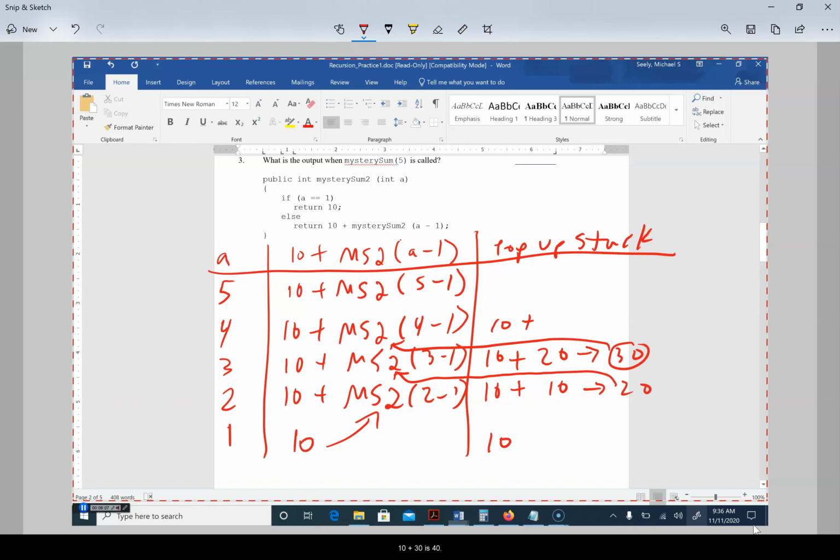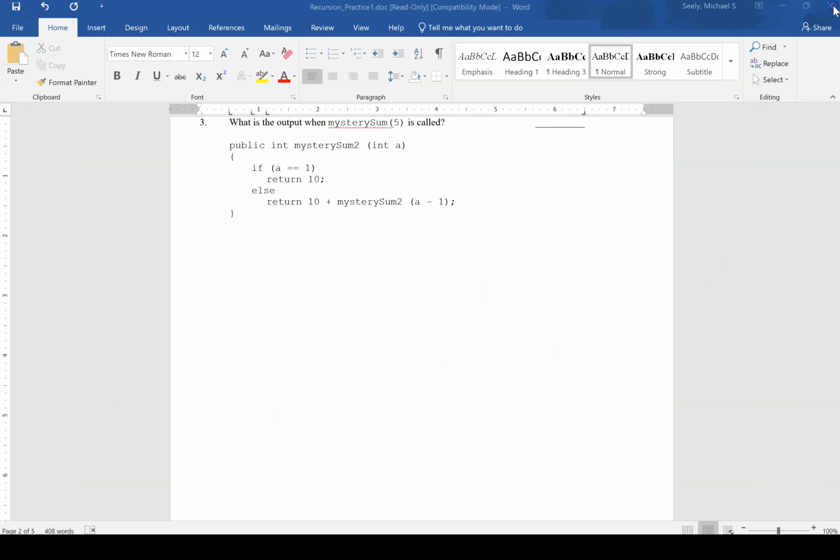So 10 plus 30 is 40. 40 gets backed up right there. So we got 10 plus 40 is 50. Okay. All right. So again, the process is what matters. So make sure you're doing that properly. All right. So that's 3.